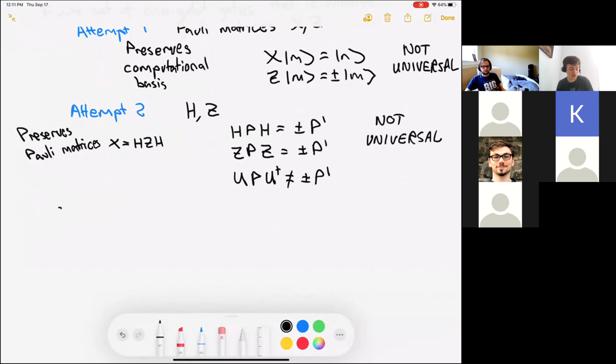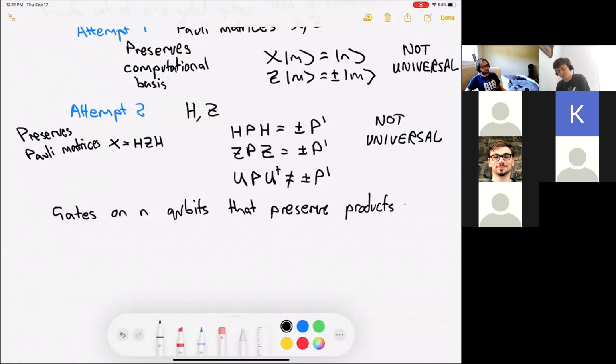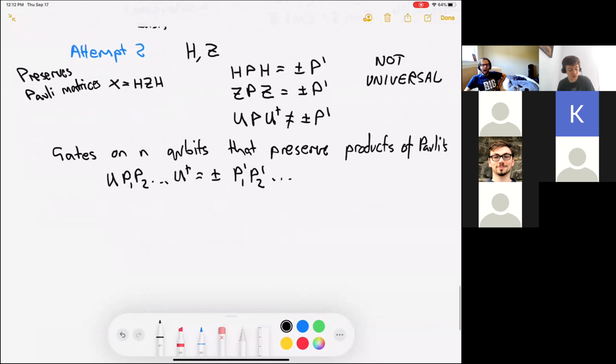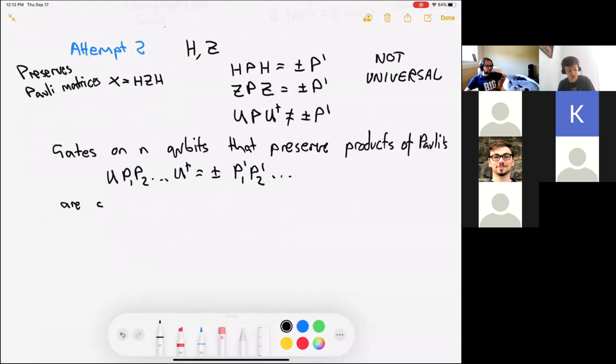There's actually a nice fact: the set of gates on n qubits that preserve products of Paulis, i.e. unitaries U such that U applied to a product of Paulis P1, P2, and so on, is always equal to plus or minus some other product of Paulis, are called Clifford gates.